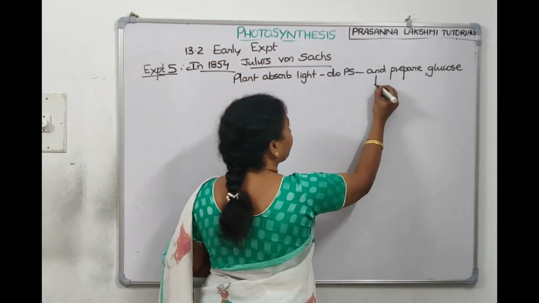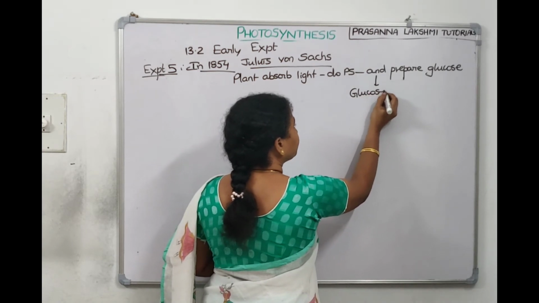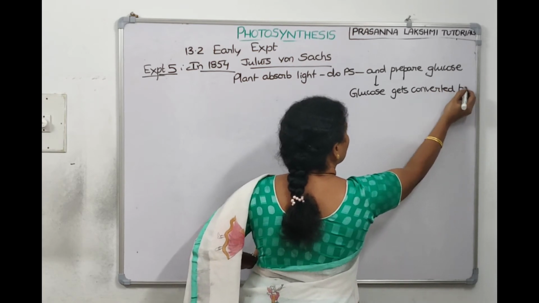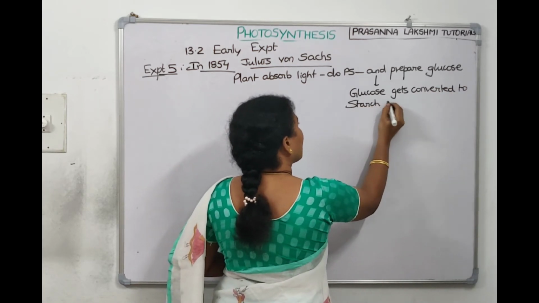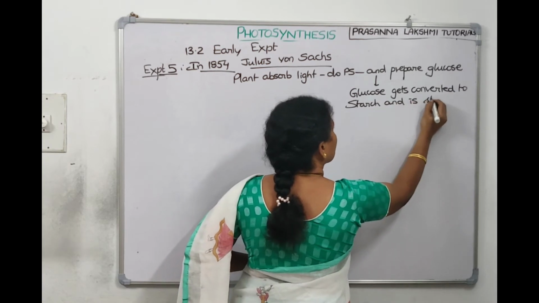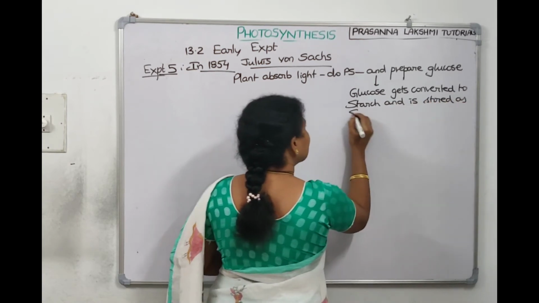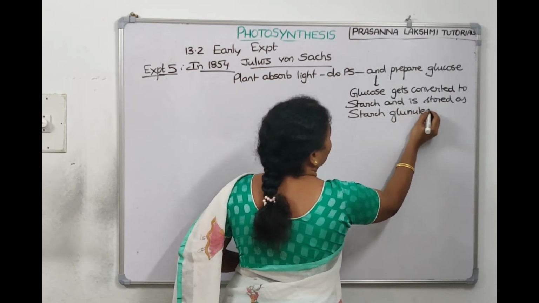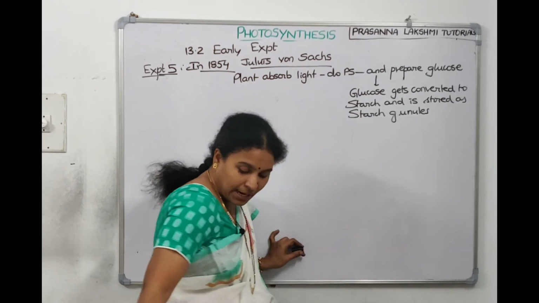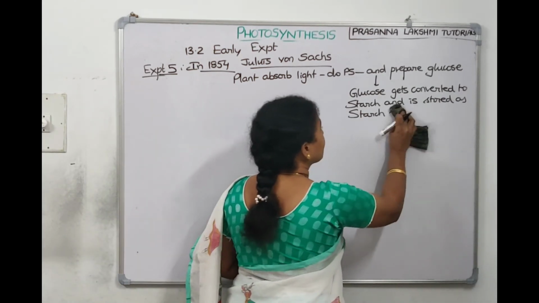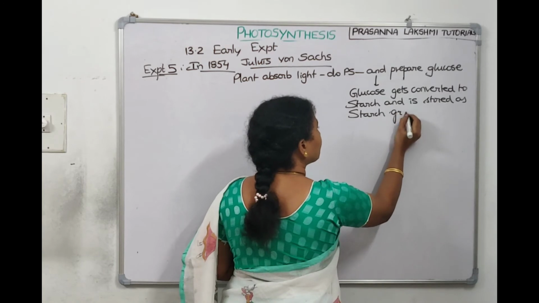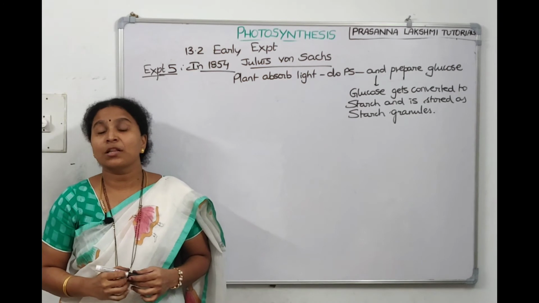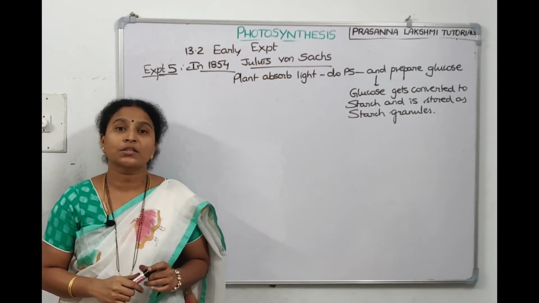He told that the glucose gets converted to starch and is stored as starch granules. He told that this starch is stored as, how is it stored? It is stored as starch granules.